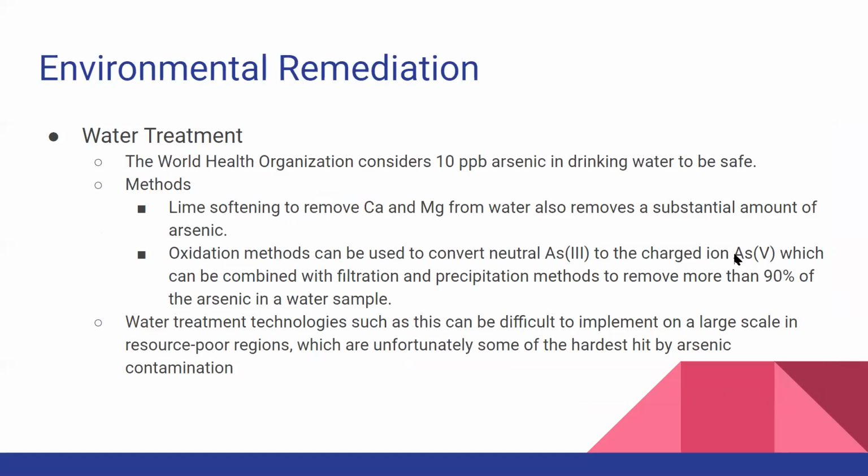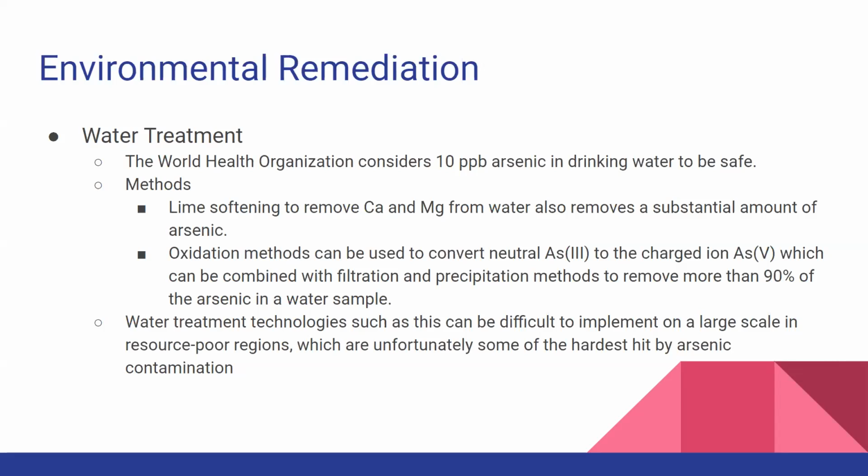As far as actual water treatment goes, once the arsenic gets in there, it's very difficult to remove. Some is removed, a significant amount is removed when calcium and magnesium is removed from the water. But the biggest difficulty is that there's also significant levels of neutral arsenic 3 in the solutions, and that's very difficult to remove.